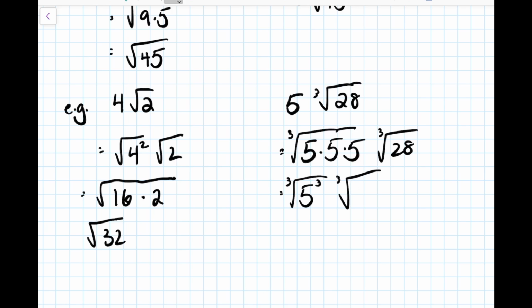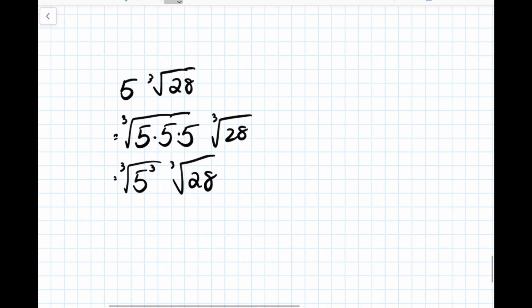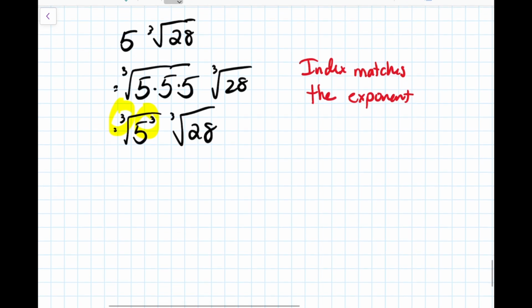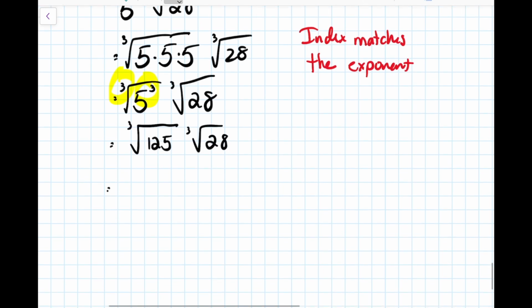So all you really need to do to adjust for the fact that it's not a square root is your index has to match your exponent. All right, so those two things are the same. And away you go. So if we calculated this, 5 cubed is 125, and then we just have to multiply that by 28. And if you go through and do that, you'll find out that 125 times 28 is 3,500.